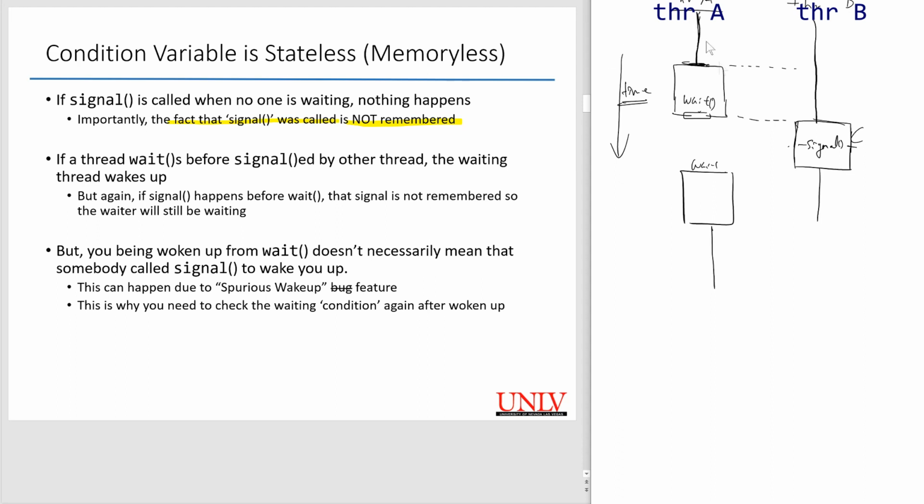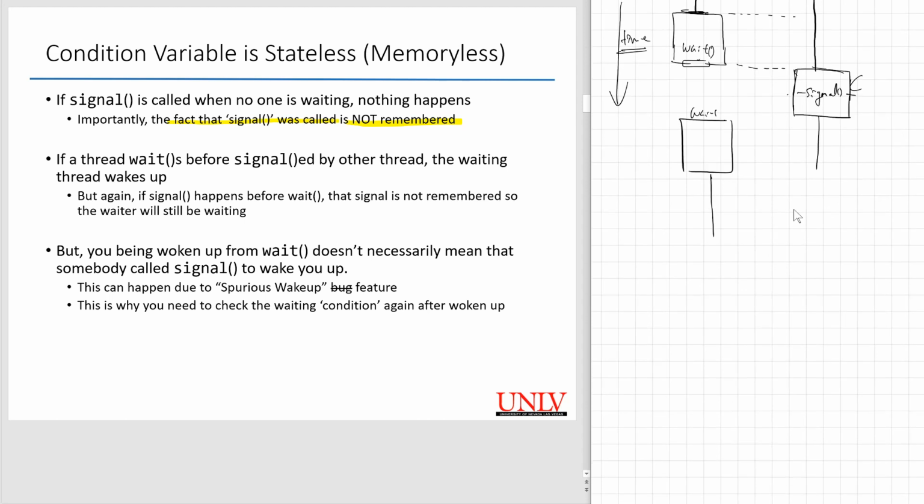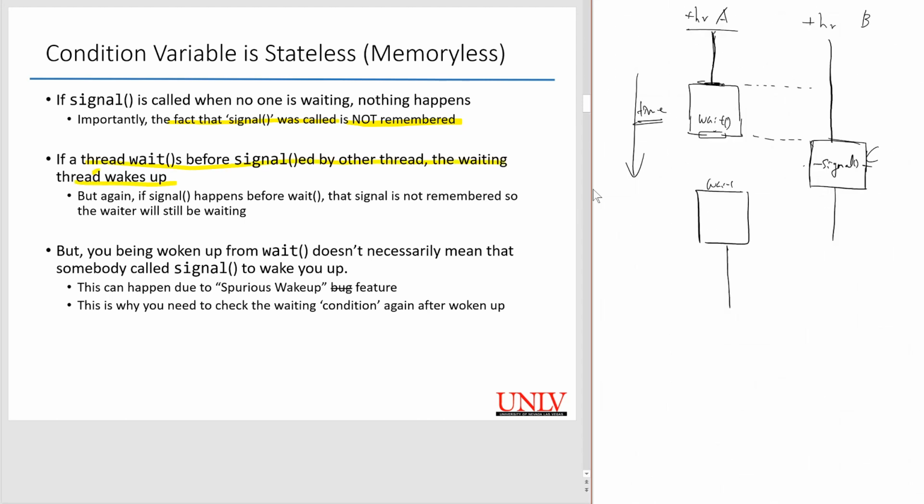So this is one scenario, but let's imagine that somehow there is a race between thread A and thread B. In this instance, you don't know which thread executes faster than the other.